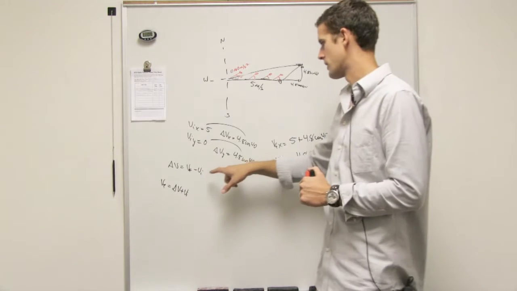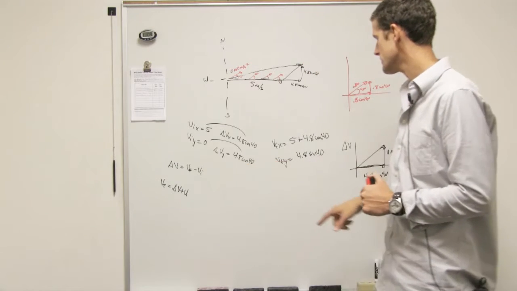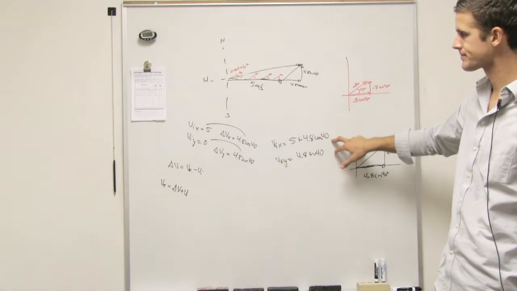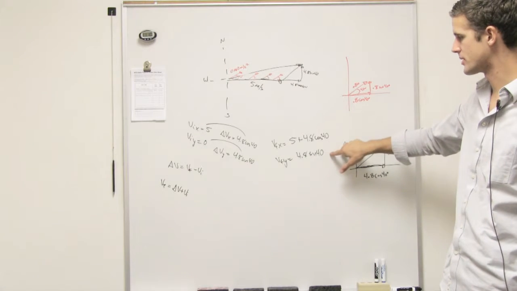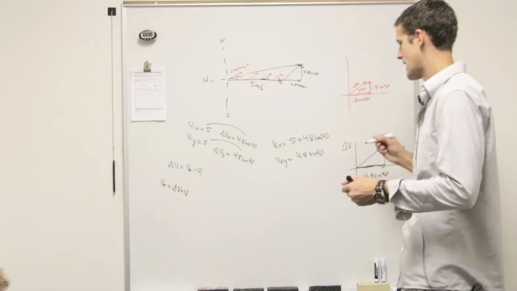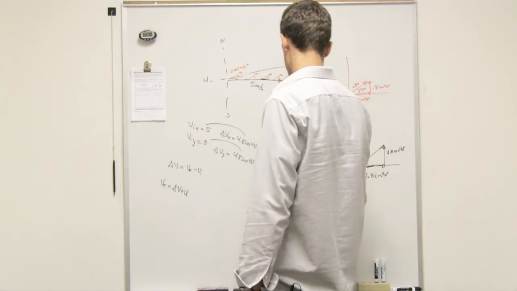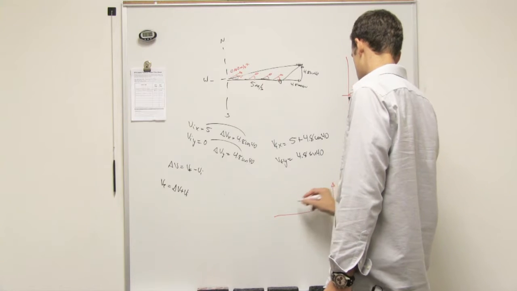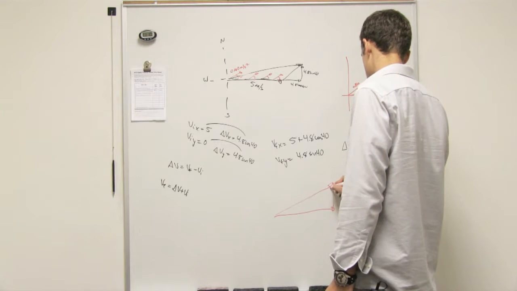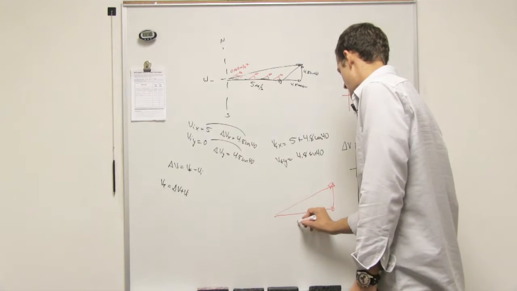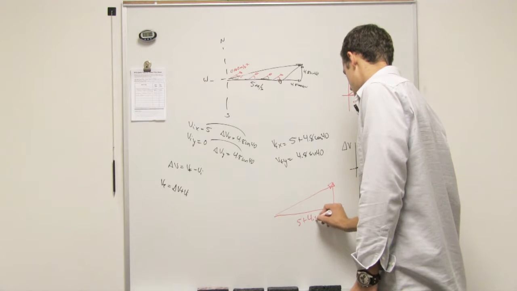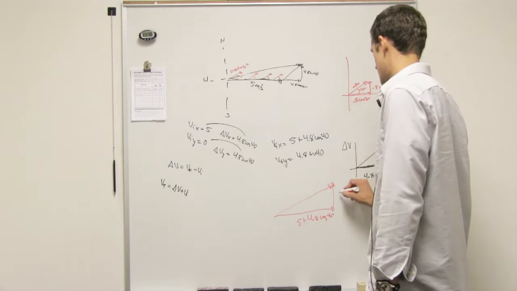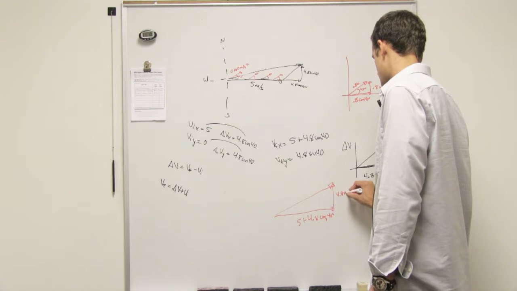We've added that back onto our initial velocity. So this is our final velocity right here. This would be your x and this would be your y. So if you drew those out, you'd have x and y as your total one. So this would be 5 plus 4.8 cosine of 40, whatever that number is. This would be 4.8 sine of 40.